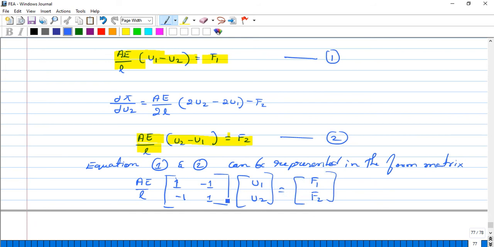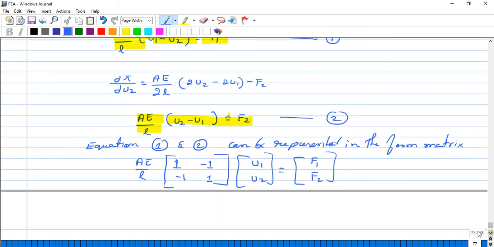So the standard form of this particular matrix is K, representing the stiffness matrix, multiplied by U, that is equal to F. F is equal to K into U. So K is representing the stiffness matrix, U representing the displacement, F representing the load vector.